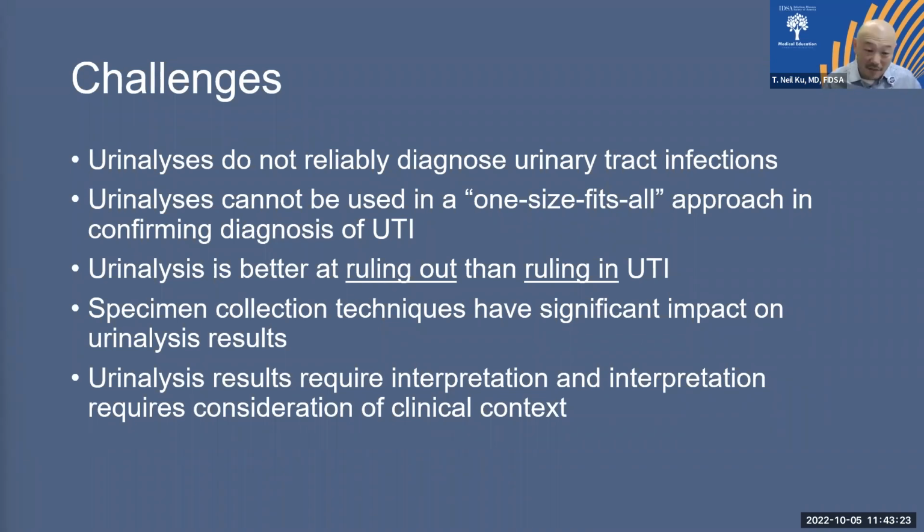A lot of times, urinalysis is probably better at ruling out UTIs than ruling them in. So yes, there are times where you may be able to use it, but it's like the D-dimer. If it's negative, it's great, but if it's positive, it doesn't really mean anything. It can't tell you specifically if this patient has a PE or not. It's in that same context. And remember, urine specimen collection techniques have a great impact.